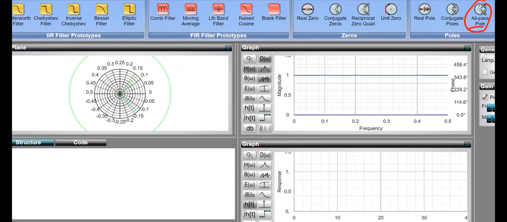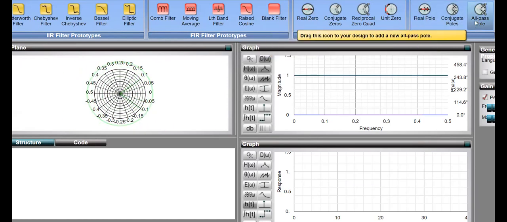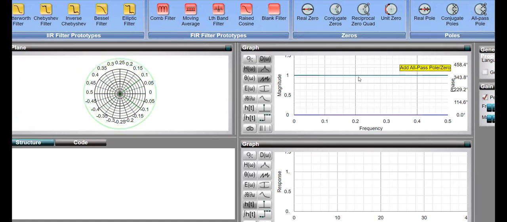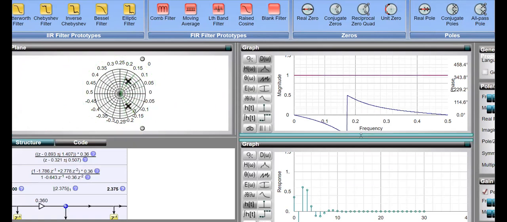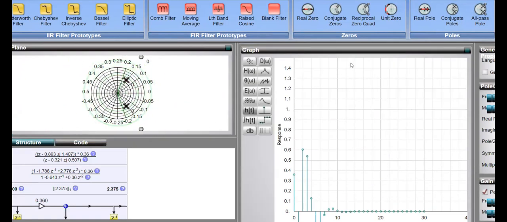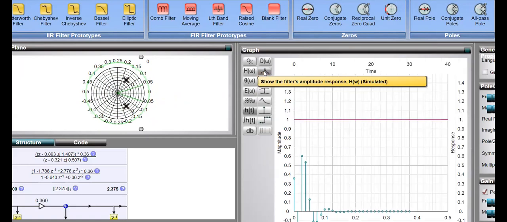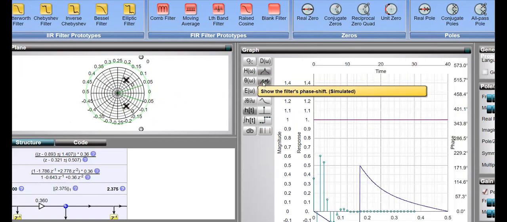From there you can find that. So let me design it. At this moment we have the blank filter. We don't have the poles and zeros. So here is the all pass pole. This is poles and zeros all together. Let me take it somewhere else, and you can see that is the magnitude response and the phase response.